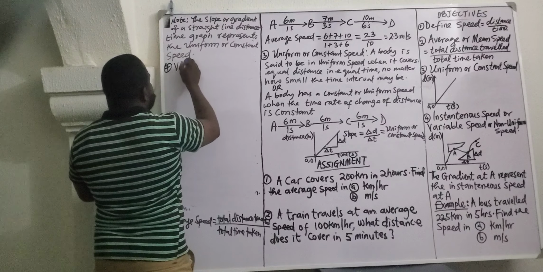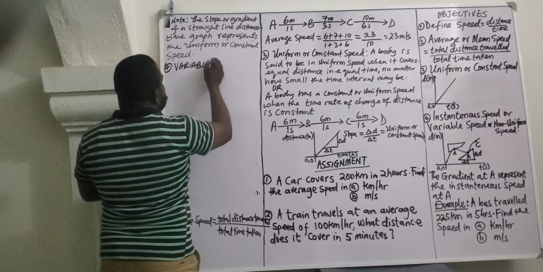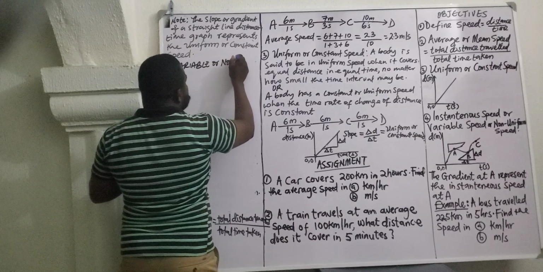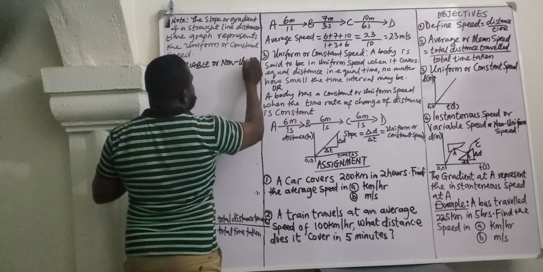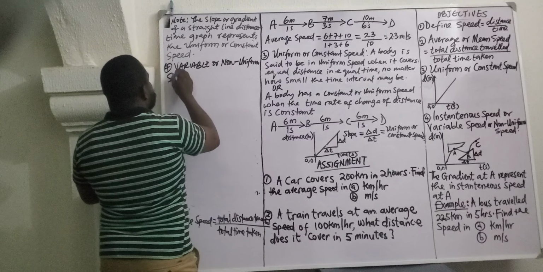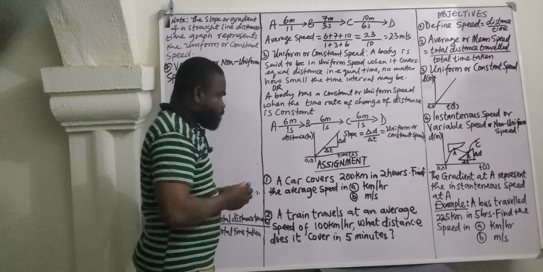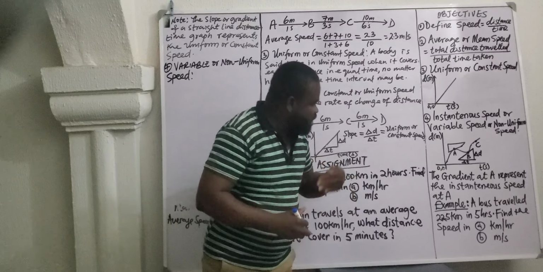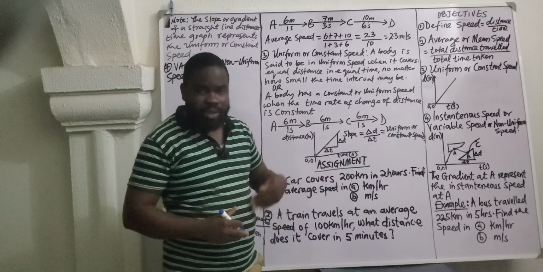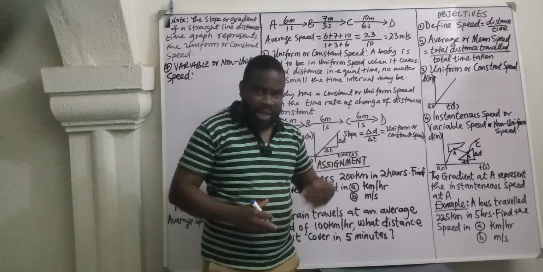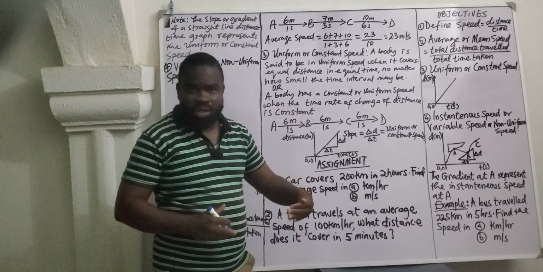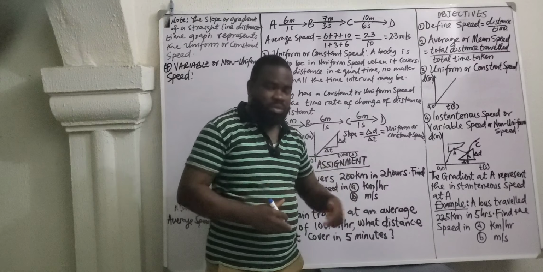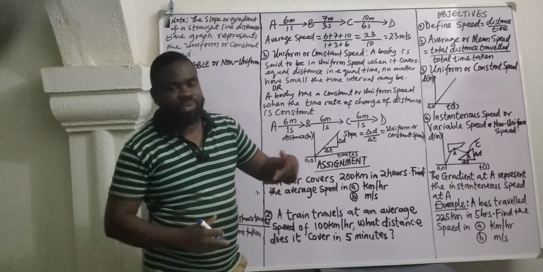Now, variable speed or non-uniform speed: when the body covers a distance over a period of time and it is not equal distance in equal time, then what the body has is what we call variable speed.